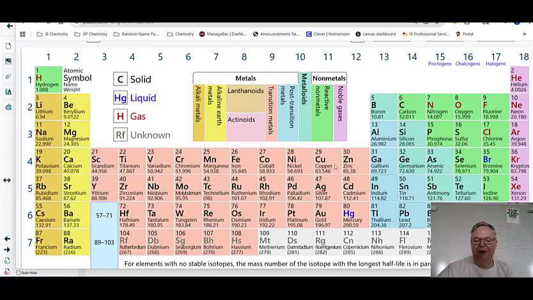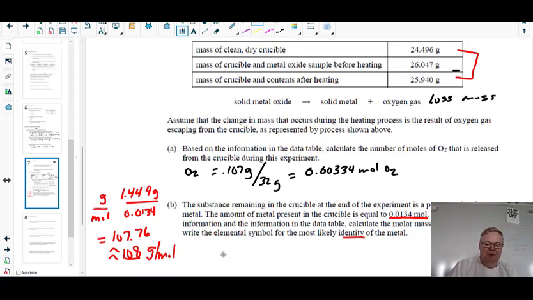So we're looking for something around 108. So it looks like 107.87. That's the closest. So our metal must be silver. So therefore, I know that this is elemental silver with a molar mass of about 108.